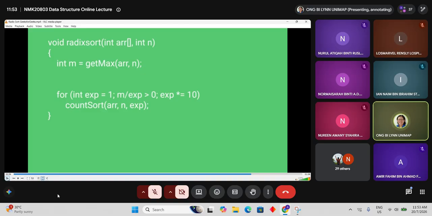Okay, the same thing, radix sort, only one sorting. So you have only one for loop, alright?